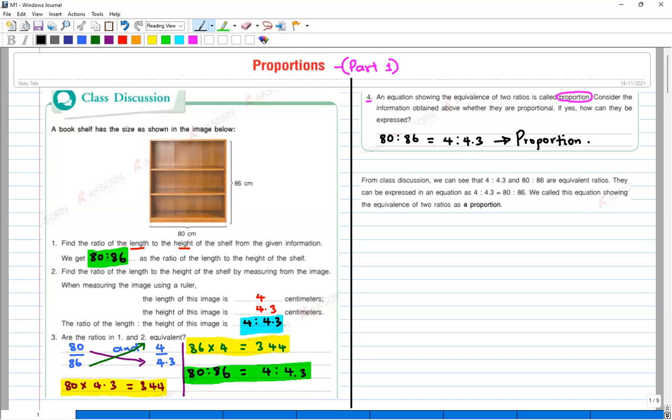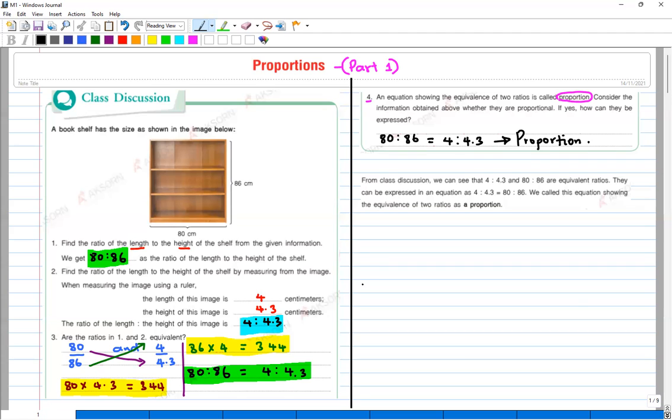Okay, if you see two or three ratios that are equivalent, it means that those ratios are proportional. It means that that kind of an equation, it is what we call proportion. And we are going to use this equation that we call proportion to find the missing parts of the two equivalent ratios.